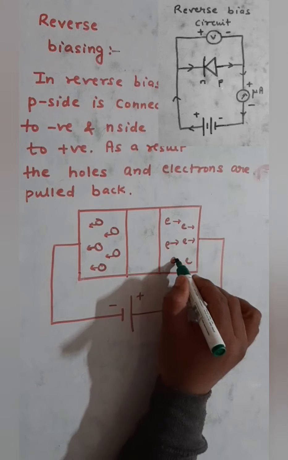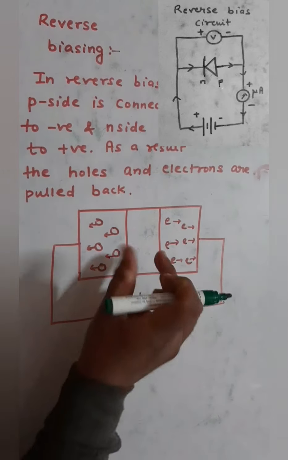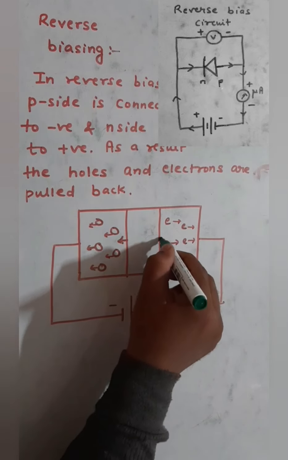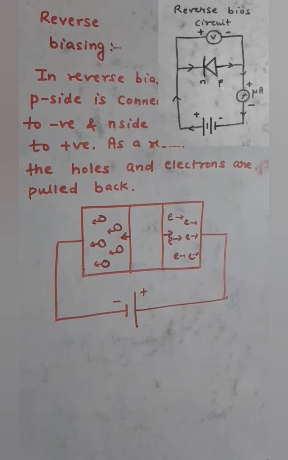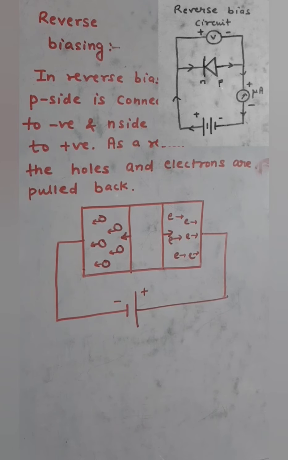As a result, the width of the depletion region starts increasing. So the very first thing which happens when you reverse bias the diode is that the width of the depletion region starts increasing.